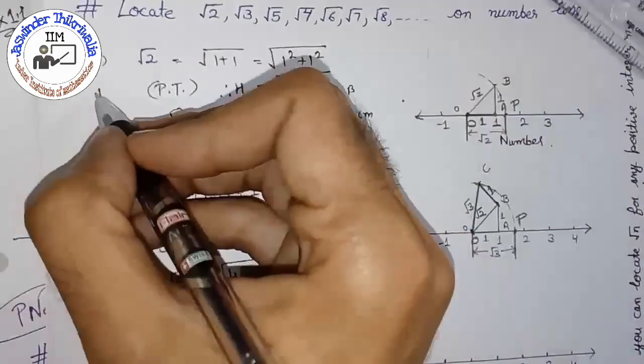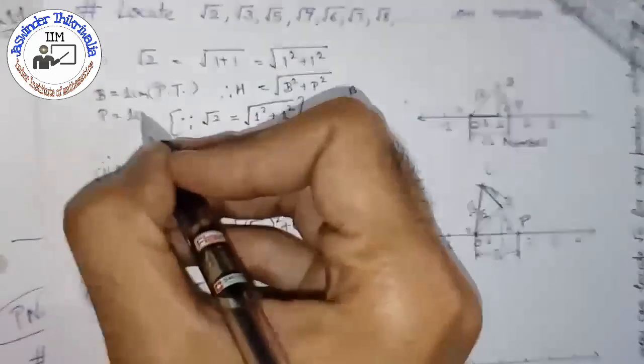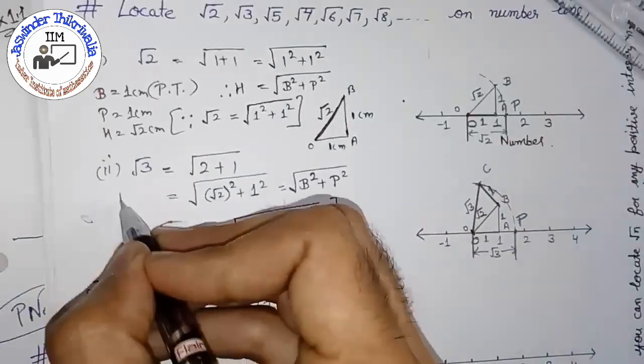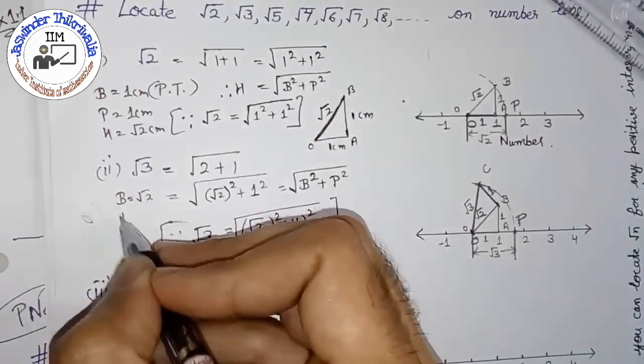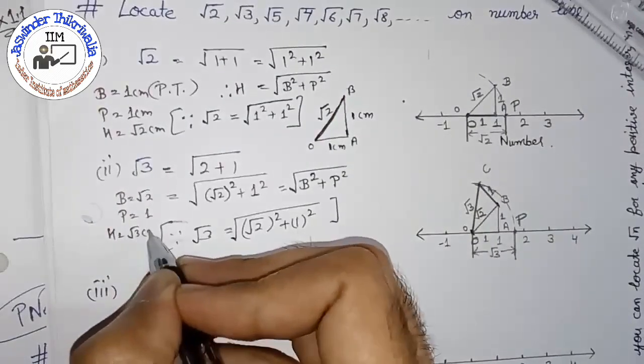In the previous ones I am also writing for your understanding. Base 1 centimeter, perpendicular 1 centimeter, then hypotenuse will be root 2 centimeter. And this base was root 2, perpendicular was 1 centimeter, so then hypotenuse is equal to root 3 centimeter.